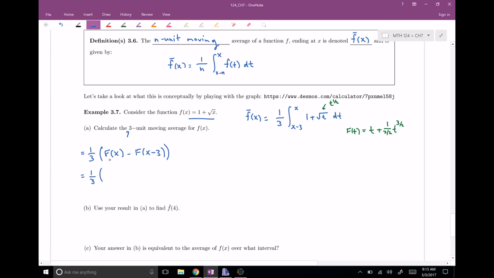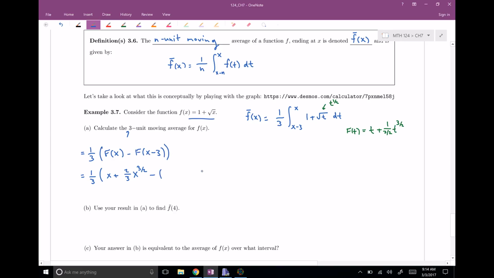Now everywhere I see a t, I'm going to plug in an x. So this is going to be x plus, and instead of dividing by this fraction, let's multiply by the reciprocal. Instead of dividing by 3/2, I'm going to multiply by 2/3 and clean this up a little bit. And then this is going to be x to the 3/2, because everywhere I have a t, I'm plugging in an x. Minus f of x minus 3.